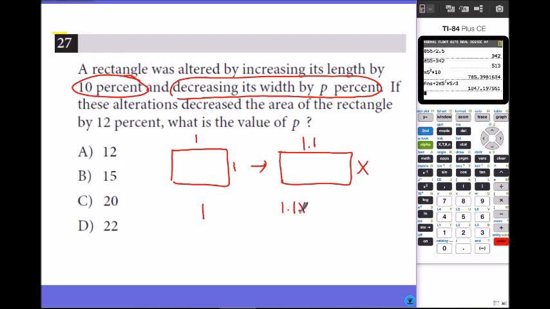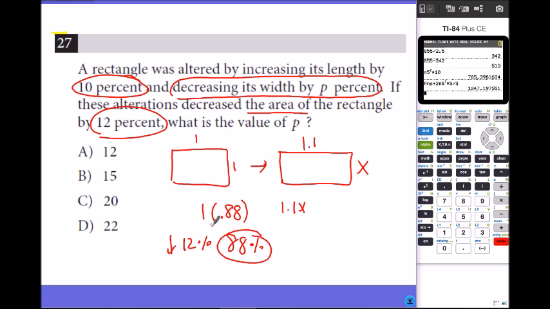And it says the area decreased by 12%, meaning you multiply by 0.88. Decreasing by 12% means it is now 88% of the original.